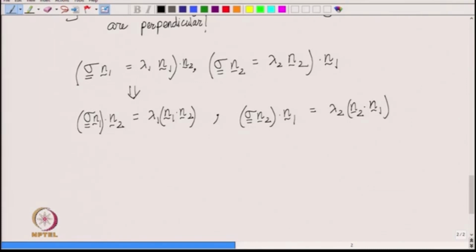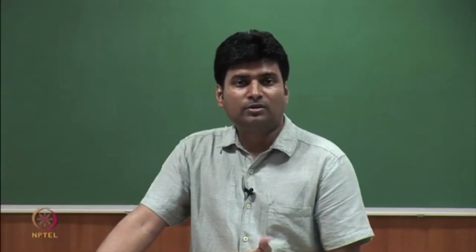Okay. And now, you know from the matrix vector operation from your first lecture that this is also equal to, you can bring this sigma on the other side and it becomes sigma transpose, n1 dot with n2, but we know that sigma is symmetric.